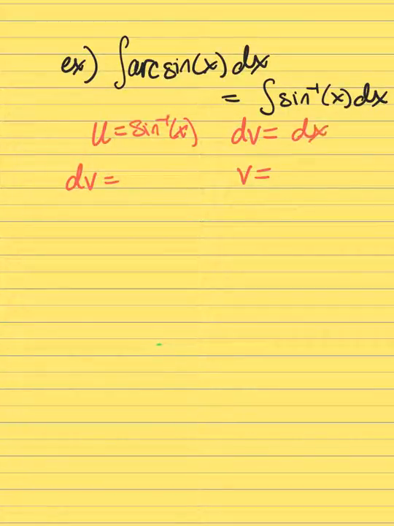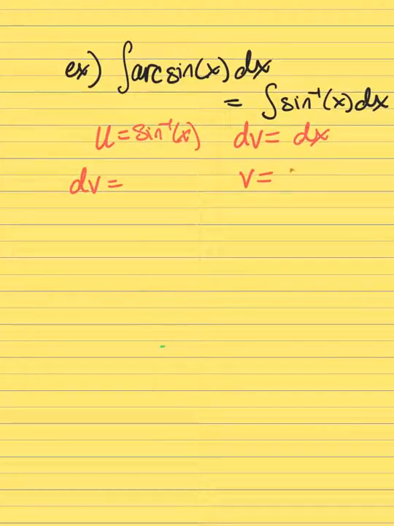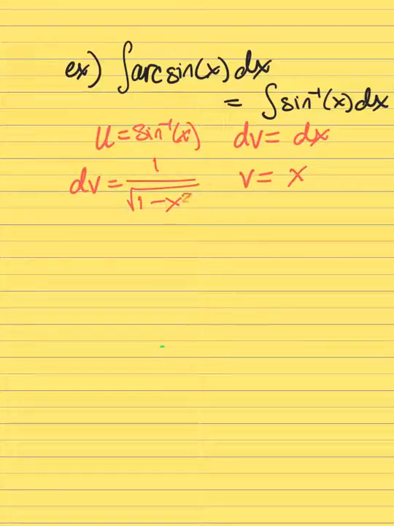Dx becomes my dv. Now, the antiderivative of dx is just x. Derivative of sine inverse. Do we remember the derivative of sine inverse? It's a tough one. It's 1 over the square root of 1 minus x squared dx.